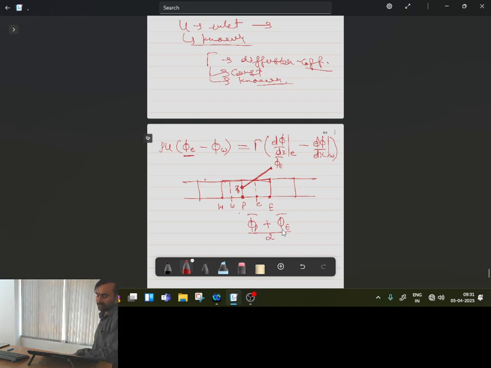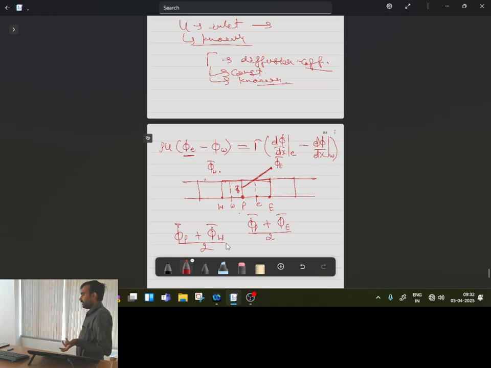Is this point clear? Likewise, if your value at W is, say, this phi bar W, then you define another linear relation between these two points, and you can define it as phi bar P plus phi bar W divided by 2.